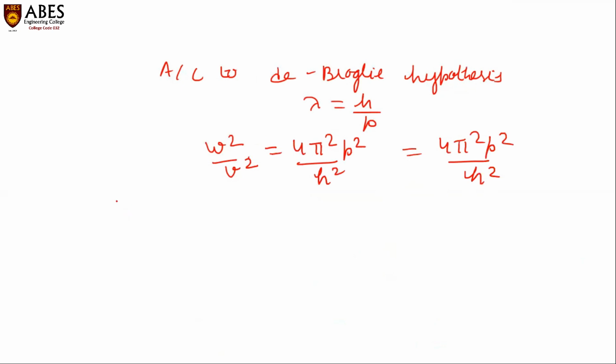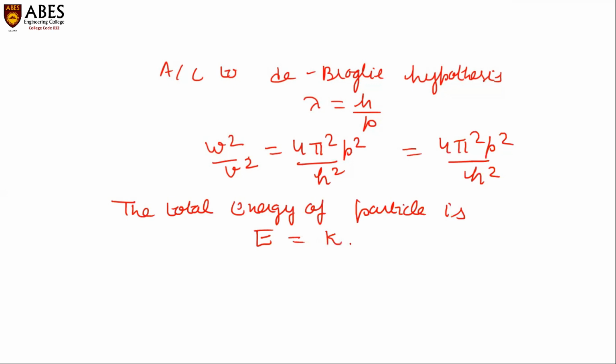Now, in terms of energy, the total energy of the particle is the sum of kinetic energy plus potential energy.